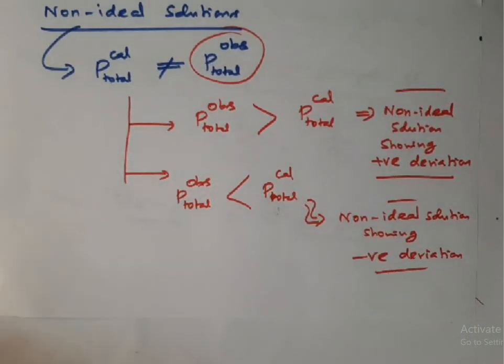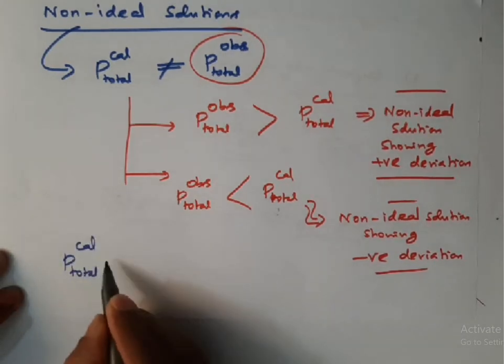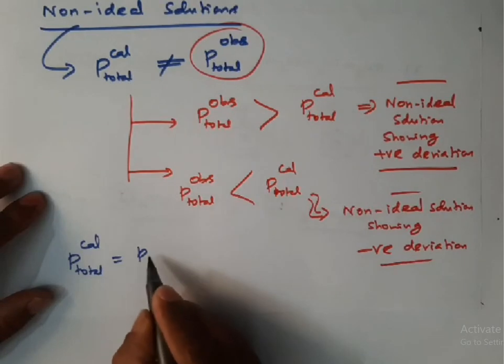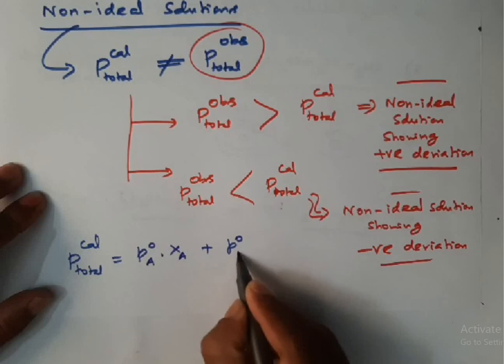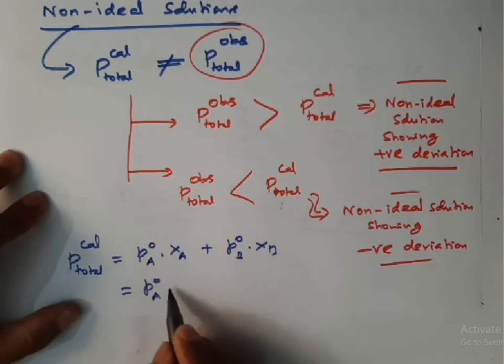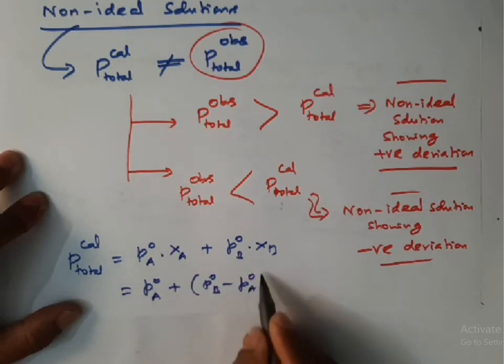And remember, students, how to calculate total pressure? What is meant by calculated total pressure here? Yes, very good. It is nothing but P naught A into XA plus P naught B into XB. Or, you are also right, you can say P naught A plus (P naught B minus P naught A) into XB.